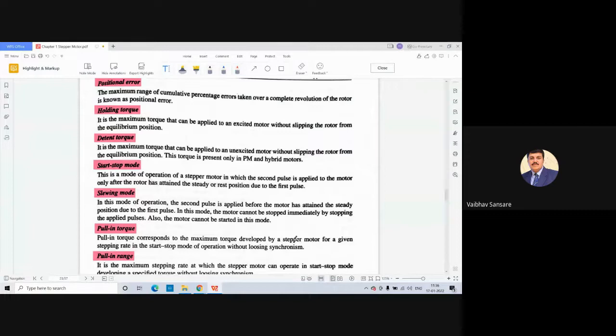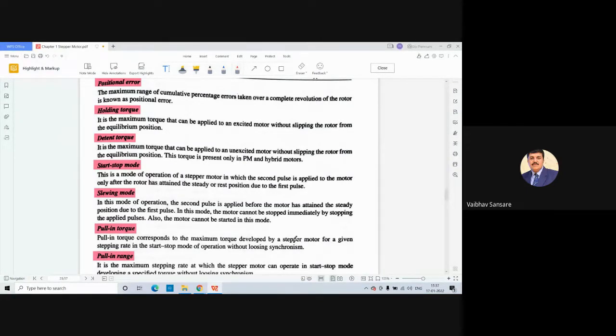Initially we apply the first pulse. Due to that first pulse, the rotor will rotate in some direction with some step angle. Once the rotor attains its rest position or equilibrium position, after that we apply the second pulse. Such a mode of operation is generally known as the start-stop mode of operation.